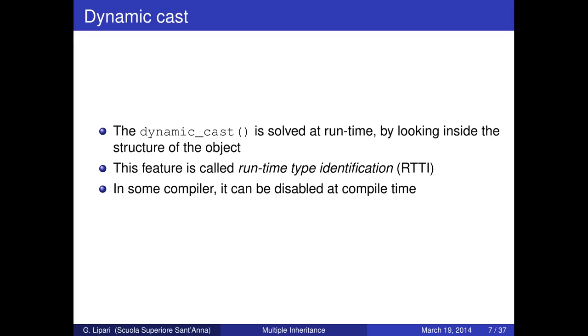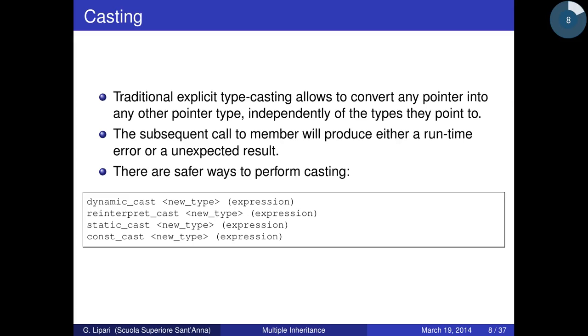Okay? And so you can use this runtime type identification with dynamic casting only for the second type of classes, so classes that have virtual functions. If you try to use dynamic cast on a simple class, then you will end up with nothing, because it will not be possible. Okay?